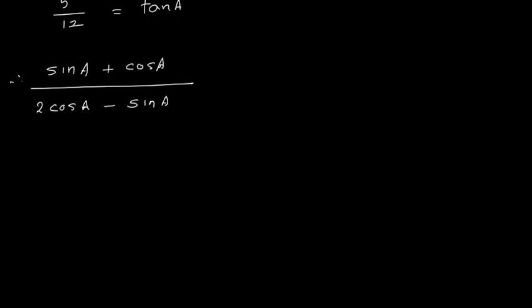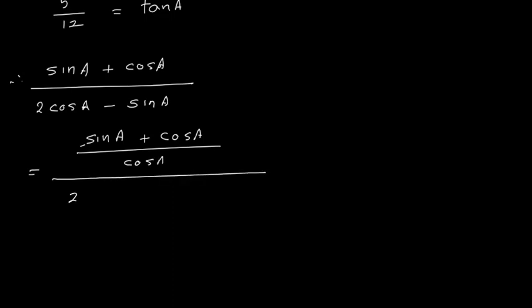Now this is equal to, what will I do? I will divide this numerator by cos A. So it is (sin A plus cos A) whole divided by cos A, and our denominator will become (2 times cos A minus sin A) whole divided by cos A. Now sin upon cos is what?